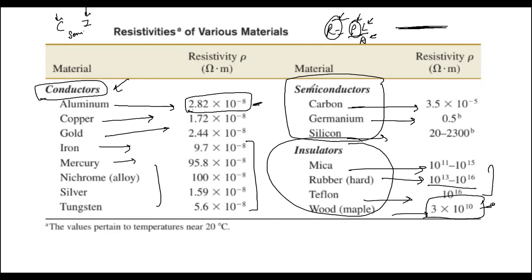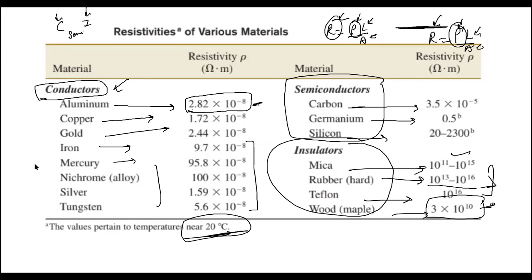So these are very large values. If we put this value over here, no matter what length or area I'm taking, the rho value for wood, for mica, for rubber is very high, so the resistance will be very, very high. Okay, so these values are around 20 degrees Celsius. So they depend upon temperature as well.